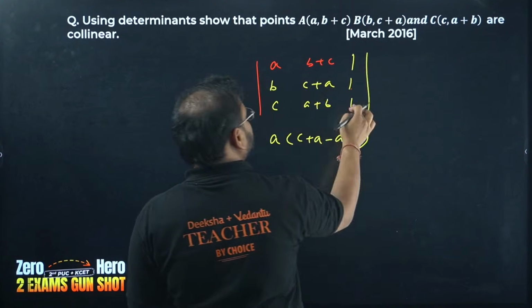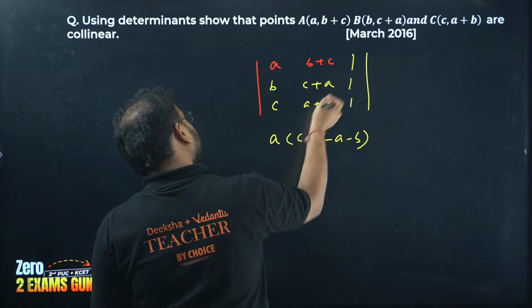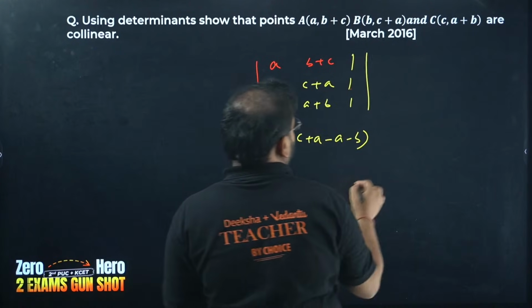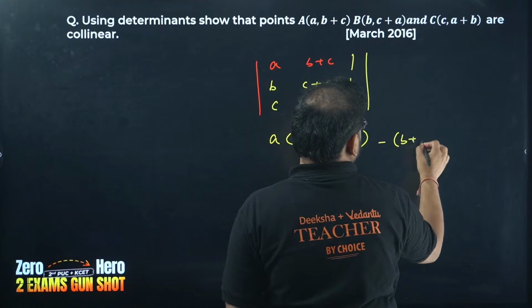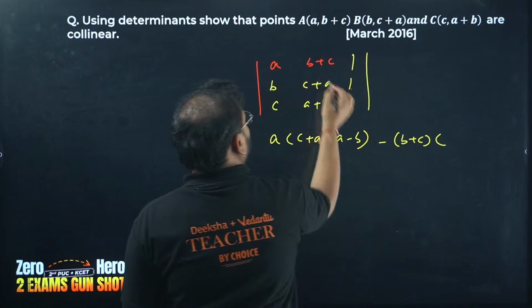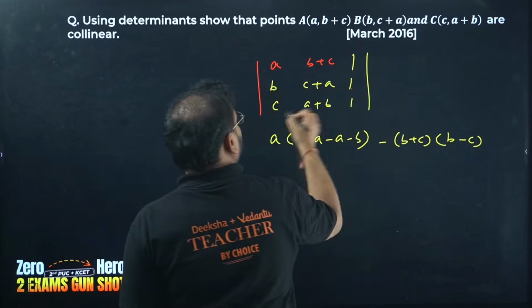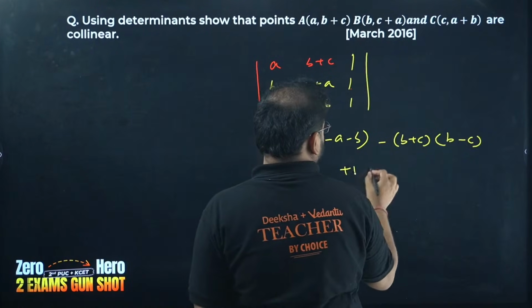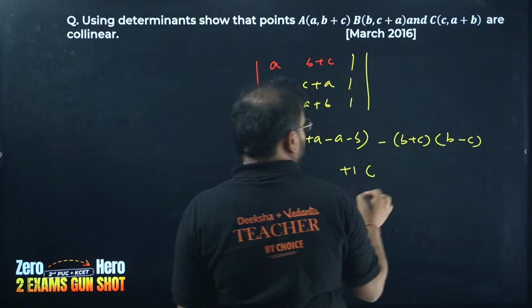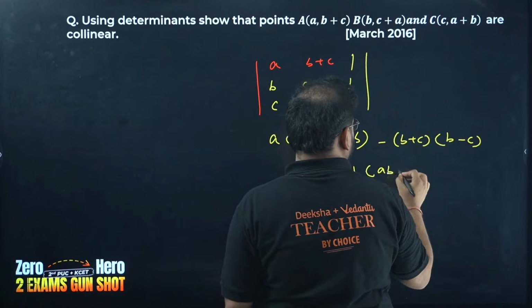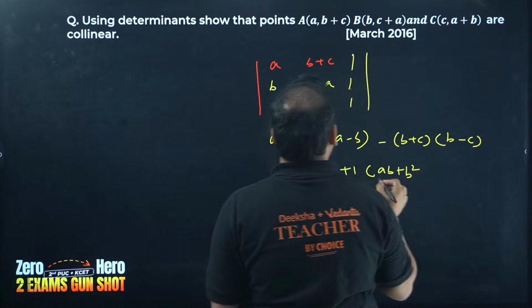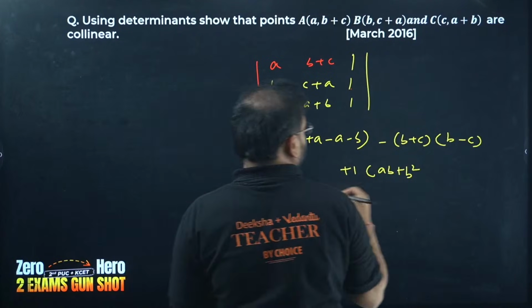C plus A into 1 is C plus A. It will be CA plus B, and the difference will make it minus A minus B. With this, you'll have B minus C. You'll have B into 1 minus C, and with plus 1, you'll have A plus B into B, which will become AB plus B square minus C square and AC.